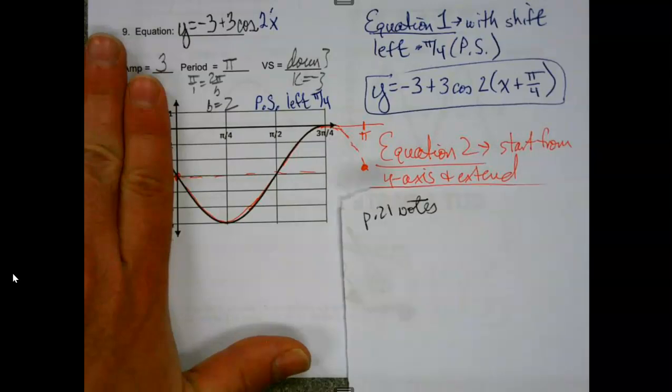By doing that, a couple of things changed. Number one, does that still look like a cosine graph? Not anymore.